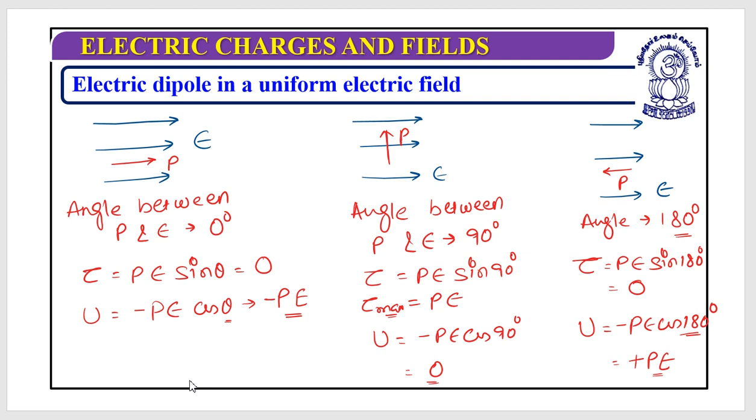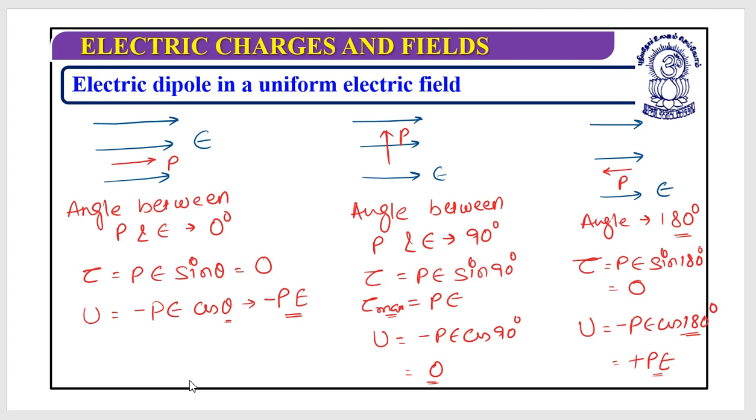First, what is equilibrium? Equilibrium means when the object has a net force of 0 or a net torque of 0. Here we are talking about the torque. So when there is no torque, it can be considered in equilibrium.